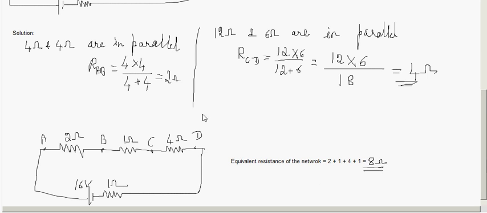The second part is to find out the voltages VAB and VCD. The voltage drop is current multiplied by resistance. To find VAB and VCD, we should know the current flowing in the circuit.